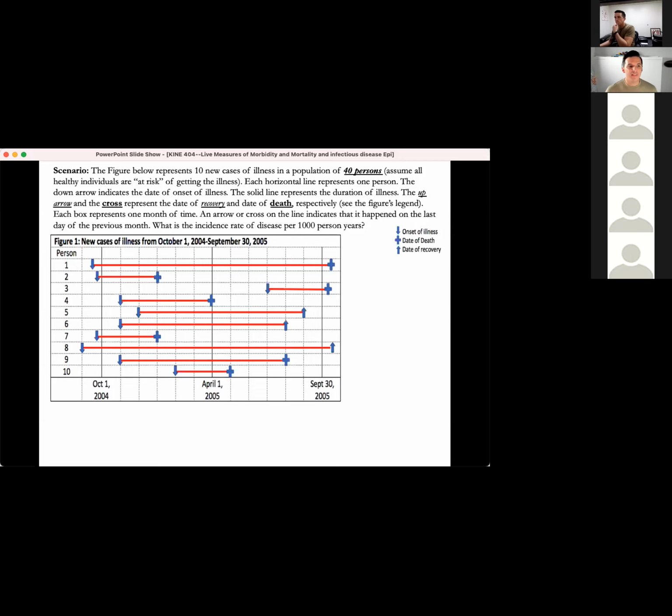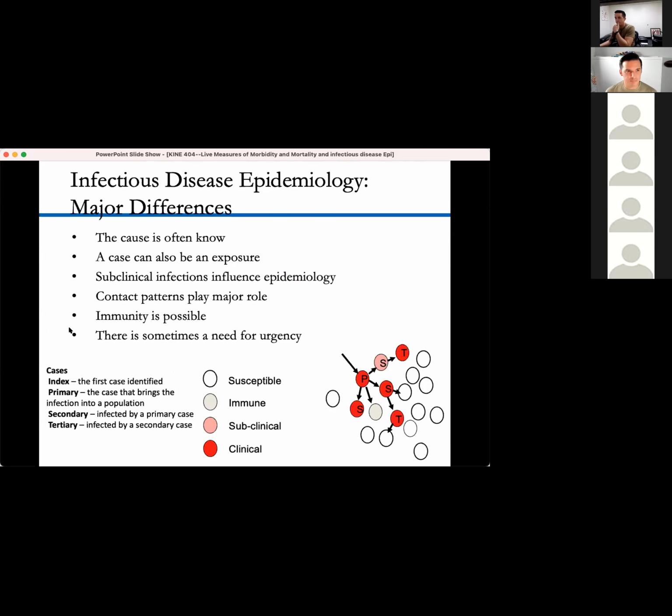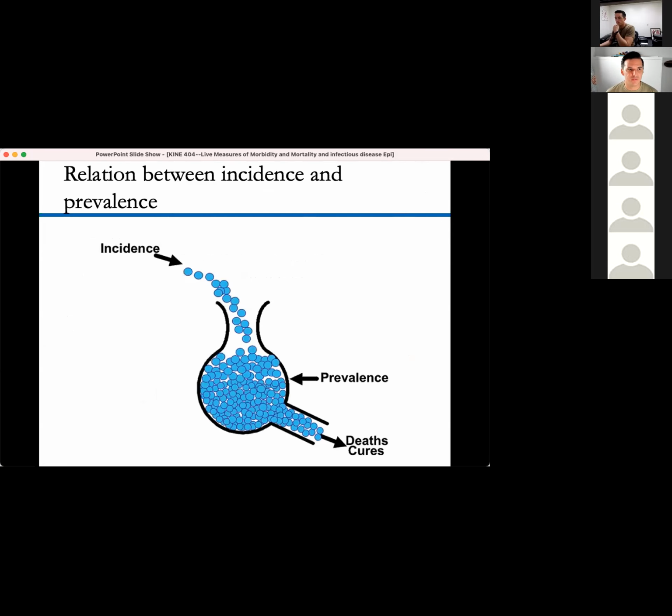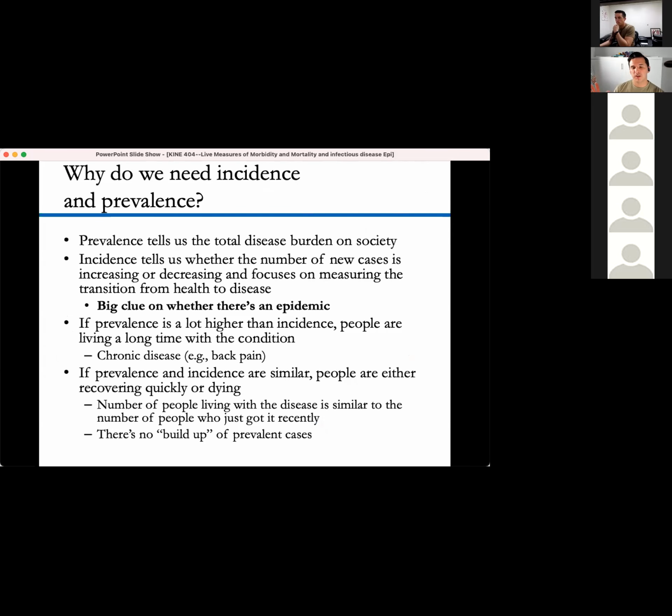There are a lot of uses of incidence and prevalence. As I had said before, prevalence tells us the overall burden of disease in the population. So if there's a higher prevalence, that means that we're facing a larger problem from that particular disease in the population. Incidence tells us risk of disease.